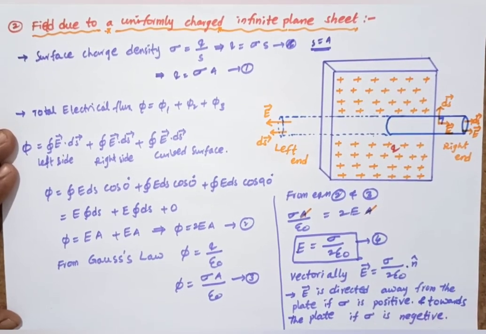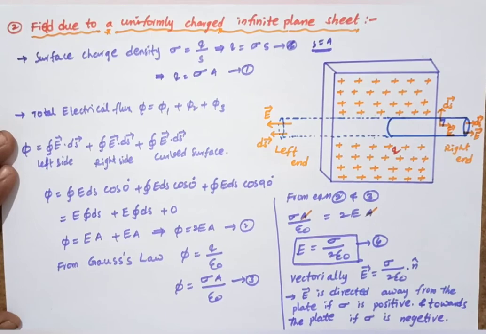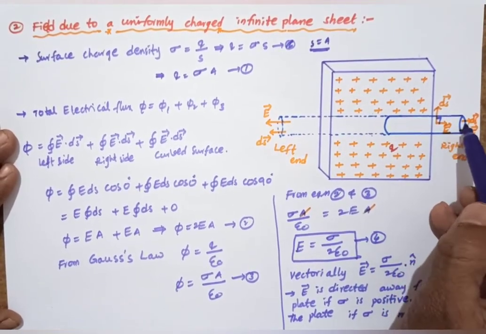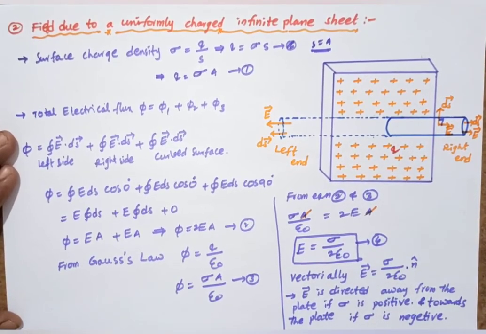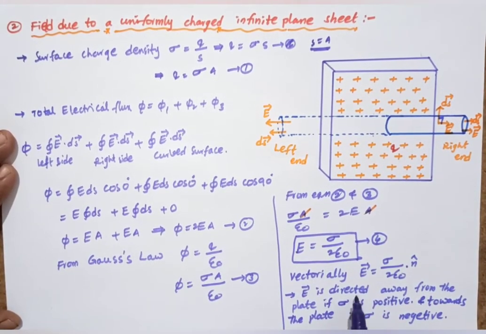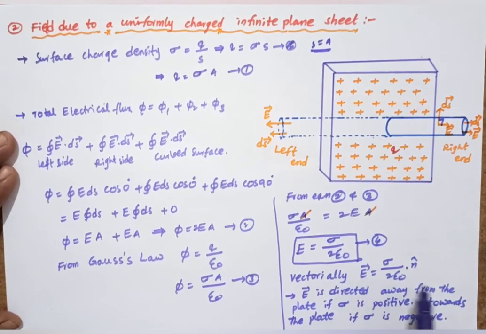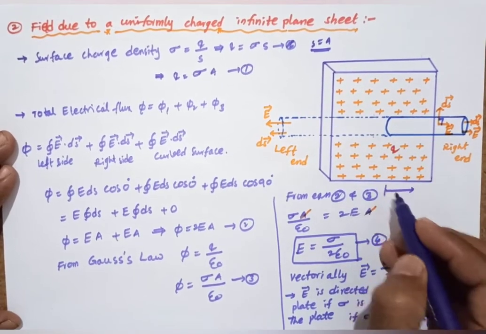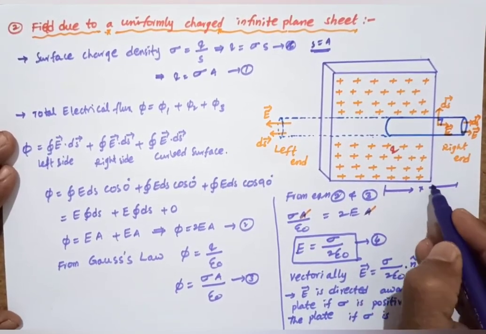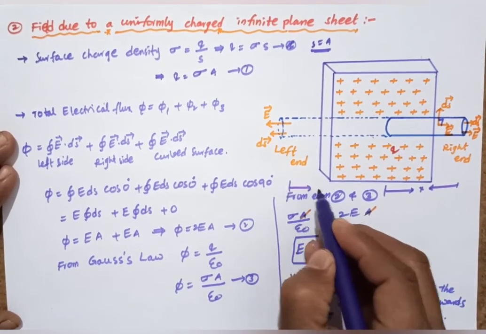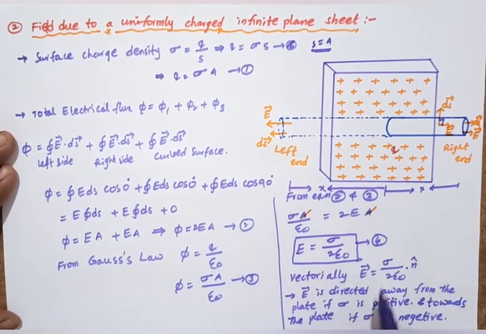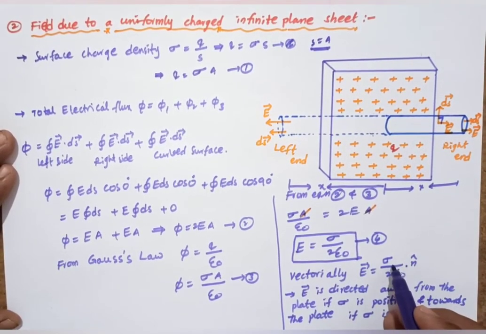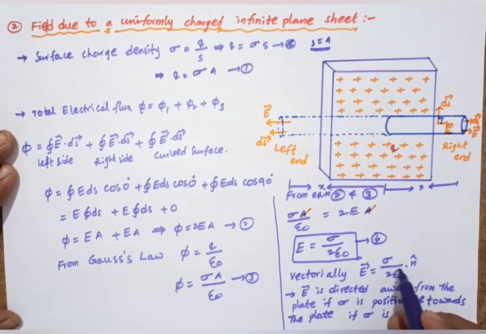When it is negative, the charge is negative, sigma is negative, then the electric field is towards the plate. So here E is independent of x. x is the distance from the center, this is x, and here also it is x. It is independent of x, but depends only on sigma, the surface charge density.